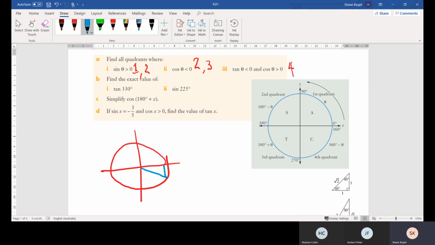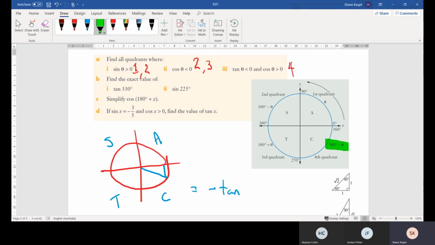Yep. So I know that if I put my "All Stations to Central" on, only cos is positive in this quadrant. So the fact that I'm in this quadrant and I'm finding tan tells me that tan will be negative. Tan of 330 degrees: I have to go back to my unit circle and use this knowledge here.